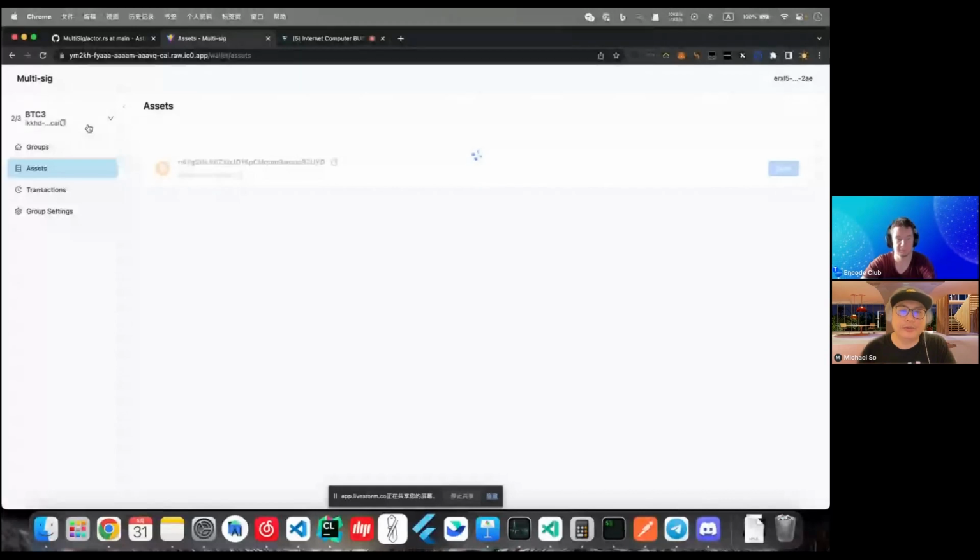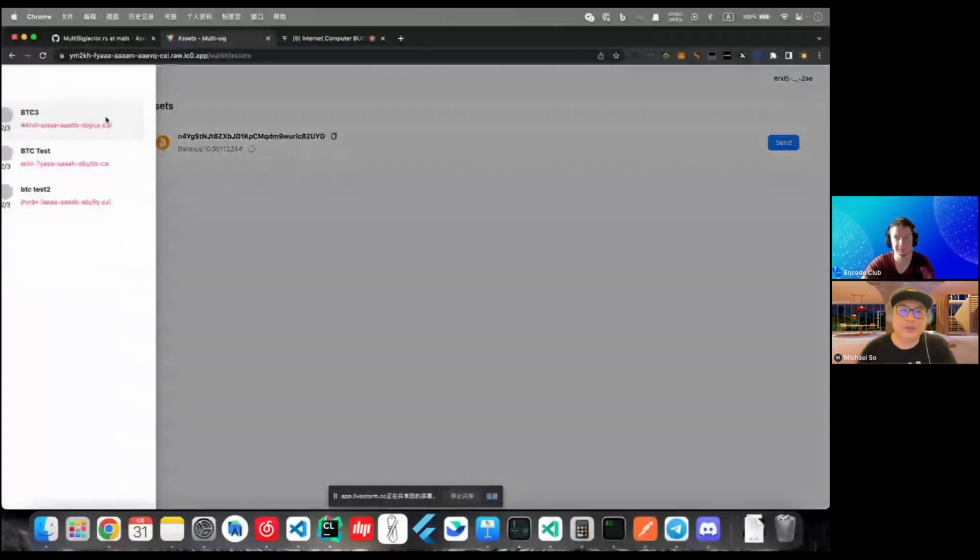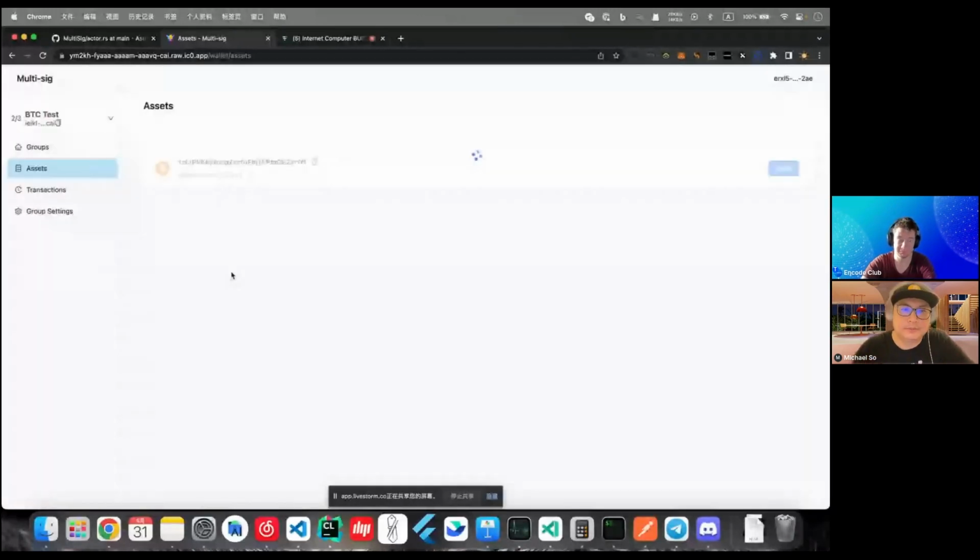There's another group with another wallet, and we have this amount of balance. Okay, let me try to define a transaction. Let me get back to this one. It takes a little time to load the transaction. So here, I copy the address.